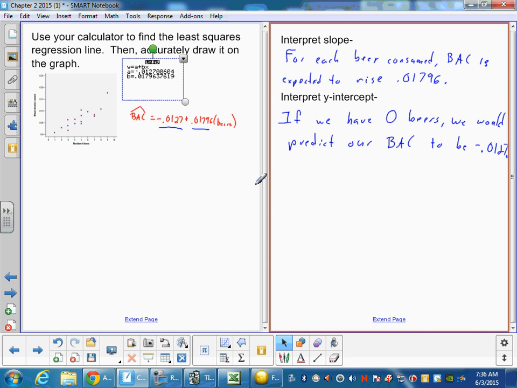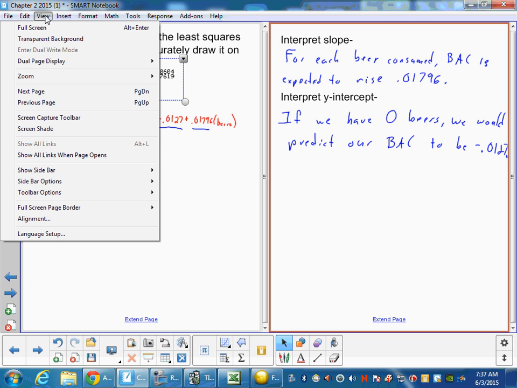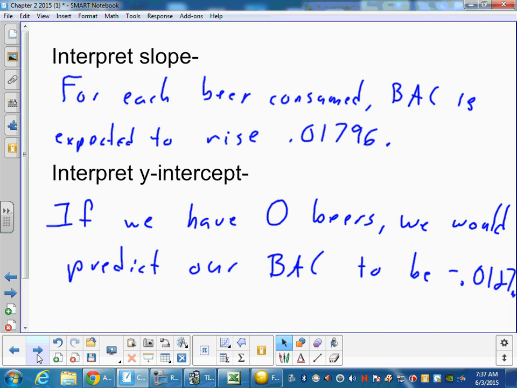So this doesn't make sense, and the y-intercept doesn't always make sense in the context. And it's good to note that because there's no way your blood alcohol content can be negative, as far as I know.